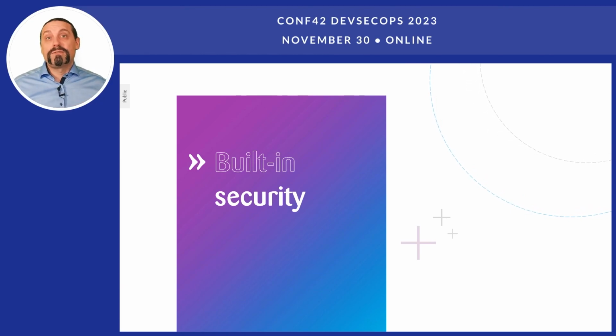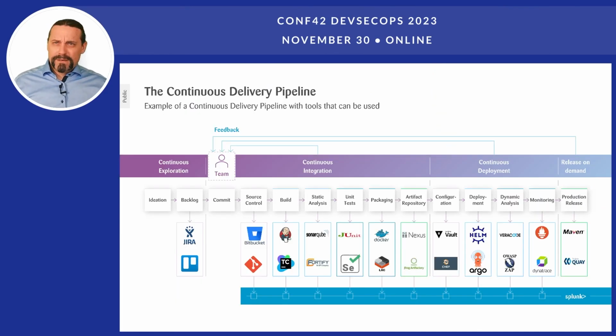What is also important is built-in security. This is really an important thing, and here we are in the Conf42 about DevSecOps. So, when we look at continuous delivery pipeline, then usually we talk about the CI/CD pipeline, which is continuous integration and continuous deployment.